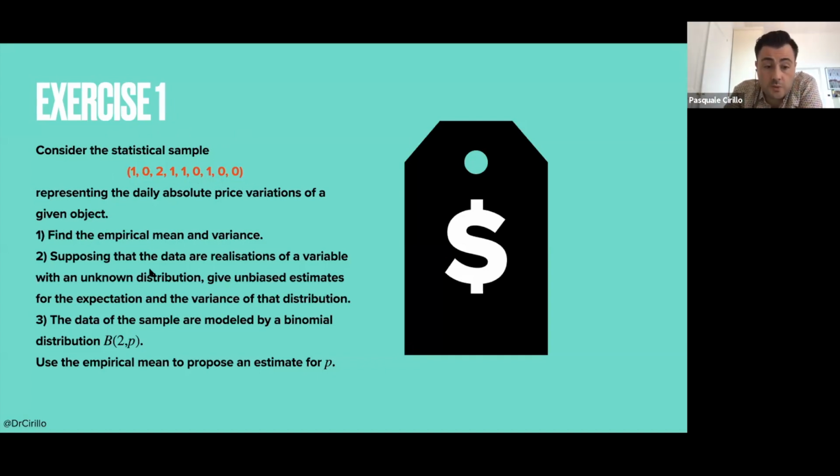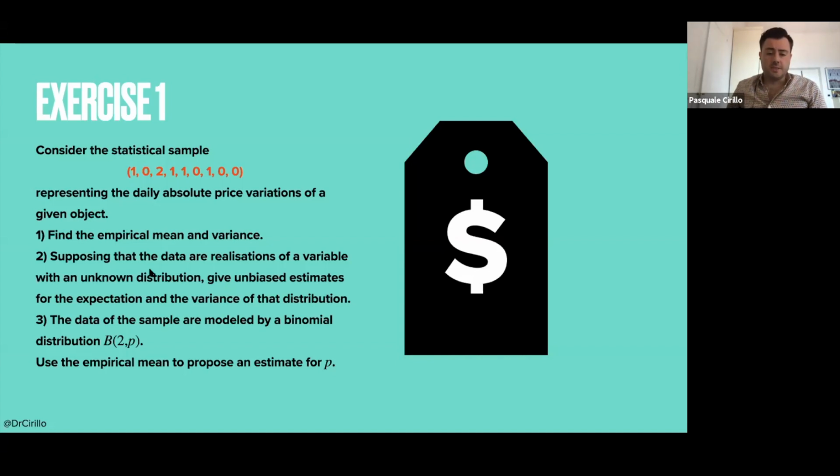Now, what we want to estimate are the empirical mean and the empirical variance. Then we want to get an unbiased estimator of the variance. And the third question is, assume that I can tell you that for whatever reasons, these data, so 1, 0, 2, 1, 1, 0, 1, 0, 0, are generated by a binomial distribution of parameters 2 and p.